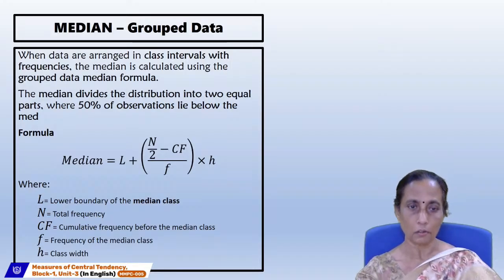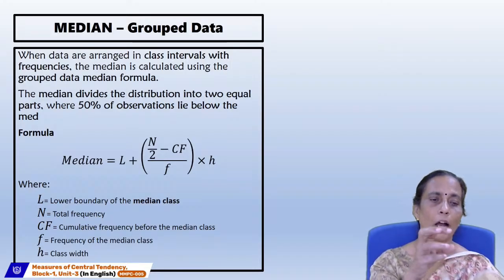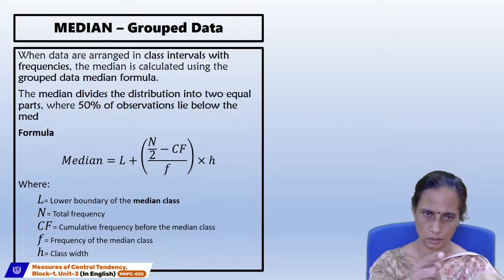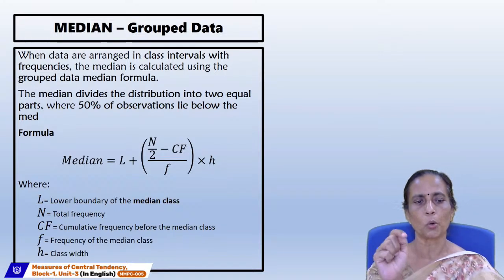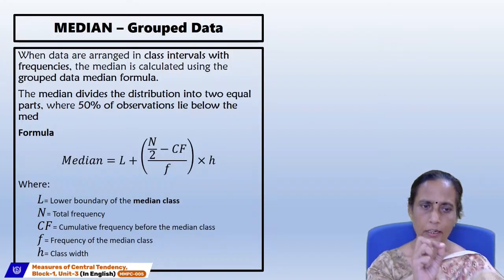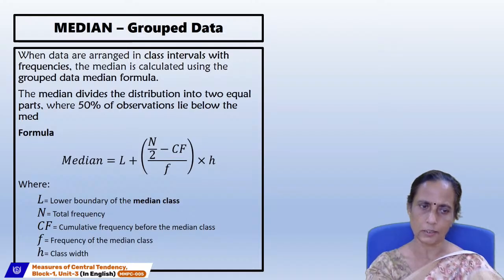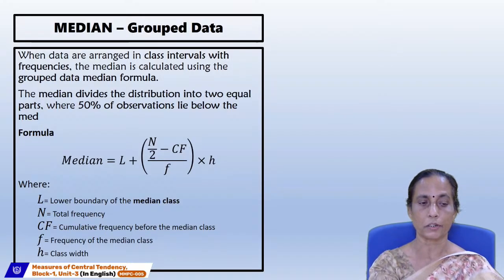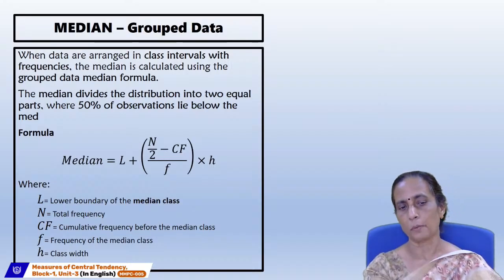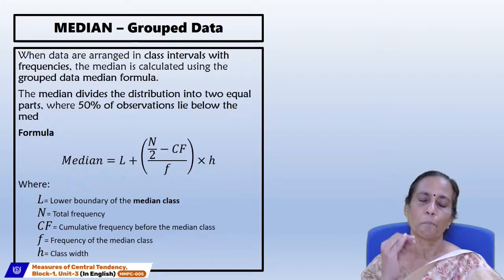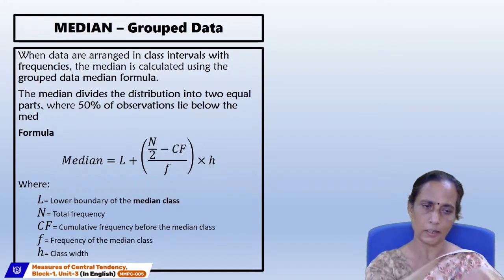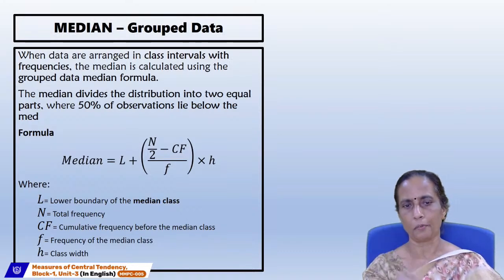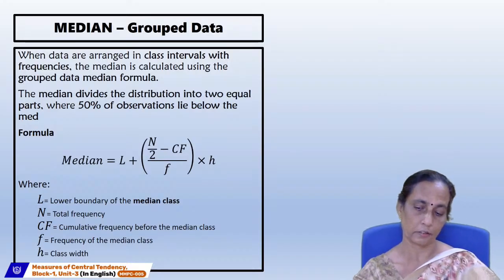So median is equal to, in case of grouped data, our formula will be L plus (n by 2 minus CF) by f into h, where L is the lower boundary of the median class, n is the total frequency, that is the total number of observations that you are taking into consideration, CF represents the cumulative frequency before your median class, f is the frequency of the median class, and h is the class width.